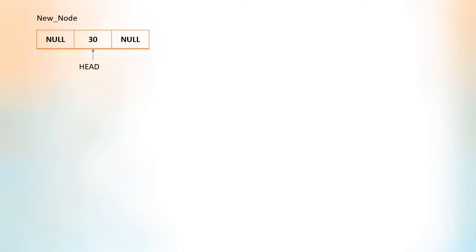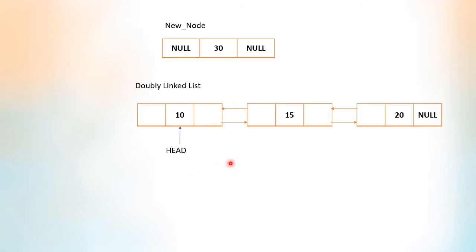If the doubly linked list does not exist, just assign head is equal to new node. If the doubly linked list already existed, we have to add this new node at the beginning of the doubly linked list, that is at this position. And if you are inserting a new node at this position, you have to change the value of this particular field and this particular field. So the new node next part should point to head, and head previous part should point to new node.